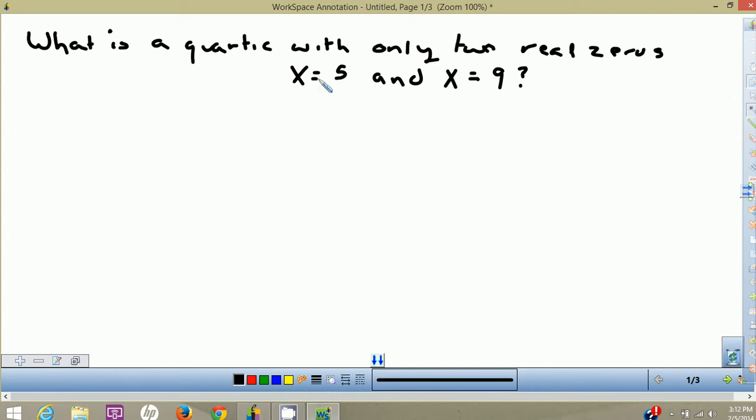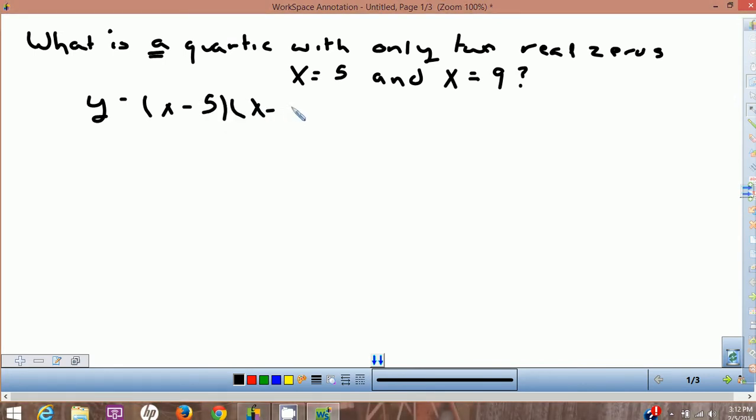So quartic tells me that there are 4 solutions, 4 zeros. But it told me I only had 2 real zeros. Well, there are a couple of ways to do this. There are lots of possible answers. Notice that it says a quartic. That's because there are lots of different correct answers. y is equal to x minus 5 times x minus 9 times, well, times what?